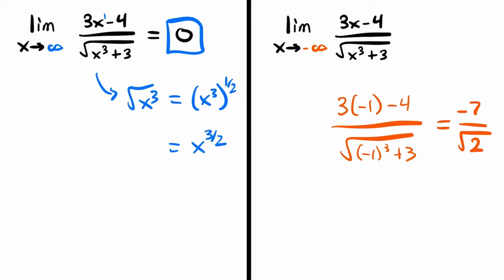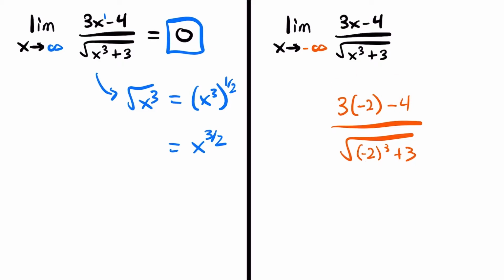All right, so that is a defined value, but watch what happens if instead of -1, we plug in a slightly greater negative number of -2. Right, so let's do this again, except this time, instead of plugging in -1, let's plug in -2. So we'll have -2 here and -2 there.